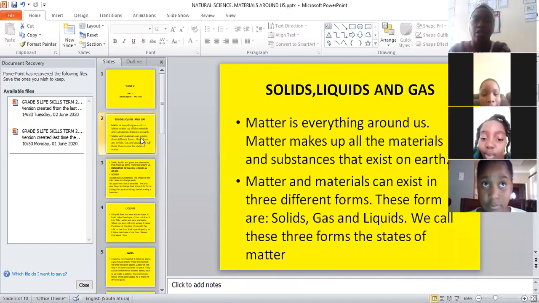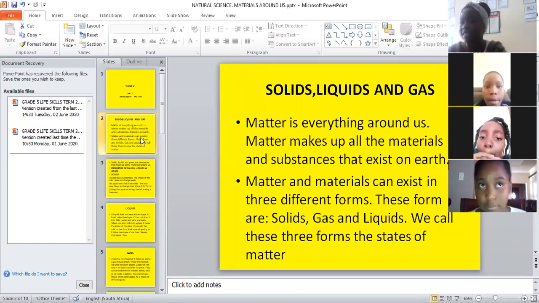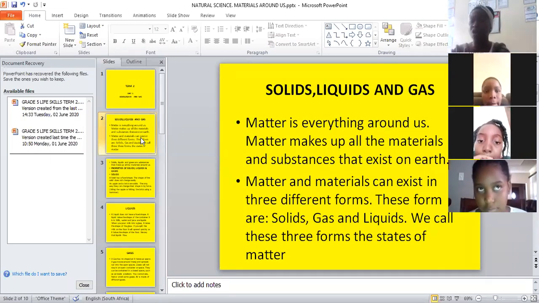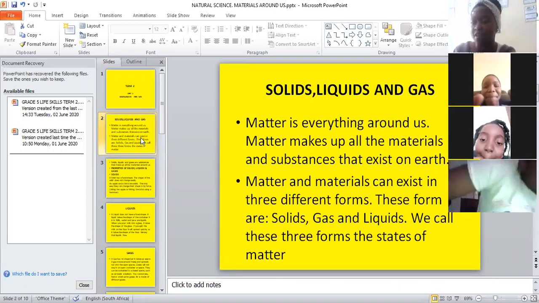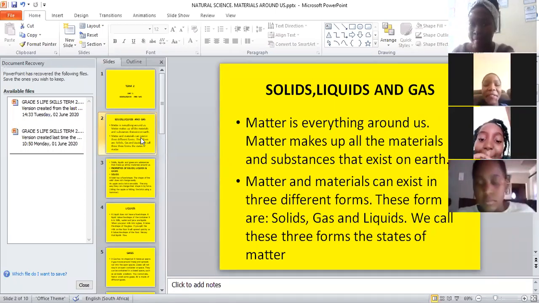So, solids, liquids, and gases. Please, when you want to say something, you raise your hand, and I will unmute you, or else I'm going to mute all of you. When you want to say something, you raise your hand, and then I'll pick you because I can see all your faces.